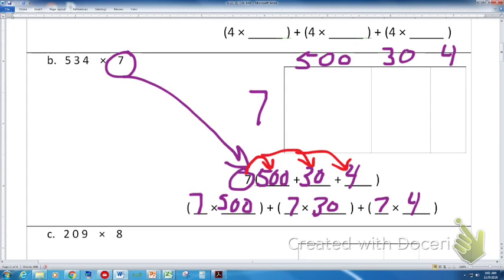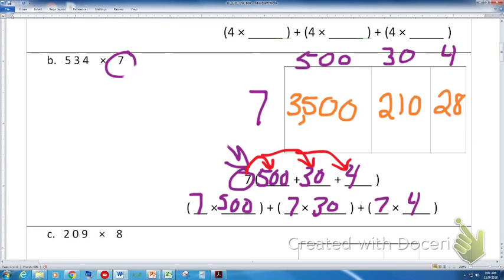So 5 times 7 is 35, and 35 times 100 is 3,500. 30 can be broken into 3 times 10. So 7 times 3 is 21, and 21 times 10 is 210. And then 4 times 7 is 28.